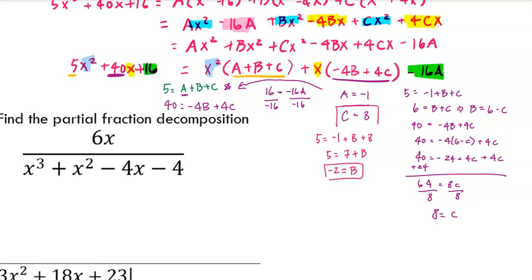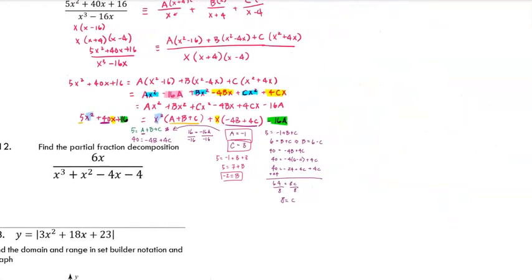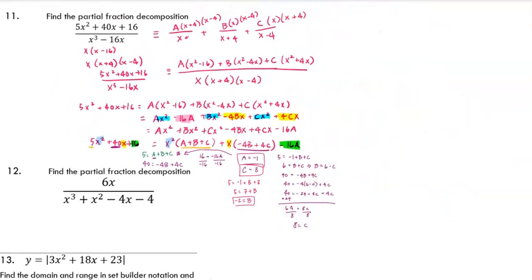There are my 3 that I'm just going to box because there's so many things on here. And then going back to where, therefore, now what was A? -1 over x. And then what was B? -2 over x plus 4. But we have to put it in the right way, okay?